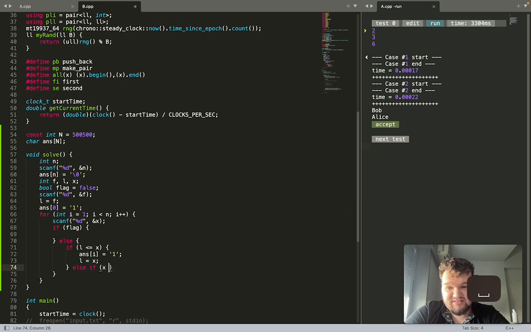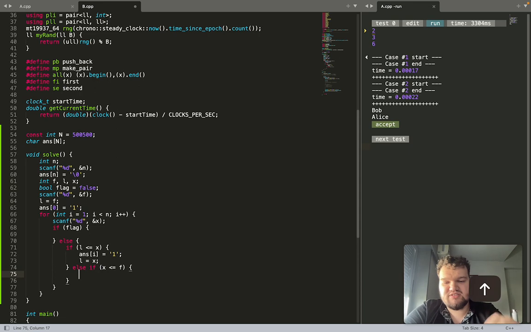Otherwise, if it is strictly smaller than the last, and it is at most the first element, then it is fine.